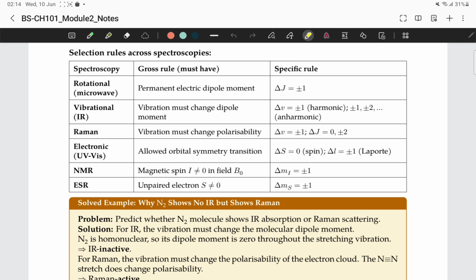Finally NMR spectroscopy, where nuclear magnetic spin is not equal to 0 in field B naught, and delta m_I equals plus minus 1. In ESR spectroscopy there is an unpaired electron where S is not equal to 0, and delta m_S equals plus minus 1.